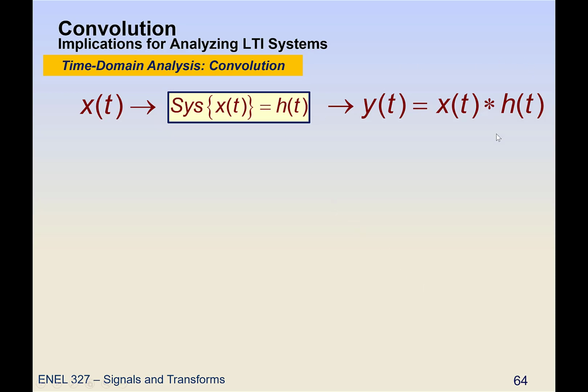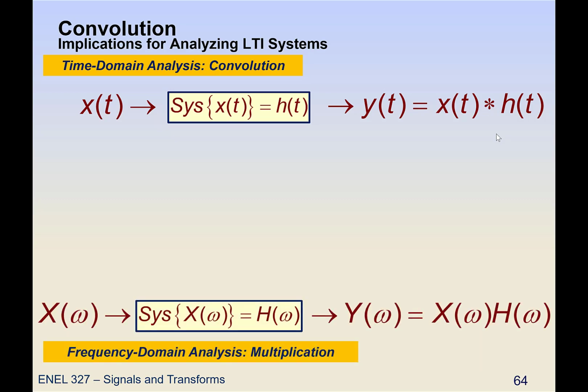And we all know how messy that could be. Well, now what we're saying is that in the frequency domain, I can represent that whole thing in a very similar way, where the signal in the frequency domain, if it now goes into this system, I can find the output by simply multiplying the Fourier transform of the input with the Fourier transform of the impulse response.